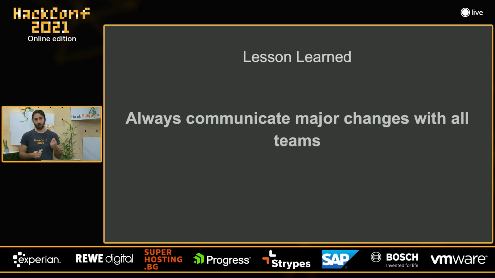Another lesson learned: always communicate major changes with all teams. Because it was such a late-night fix, everyone is tired in the morning, everybody is thinking, okay, everything is fixed now, I just want to catch up with a few hours of sleep, and so on.